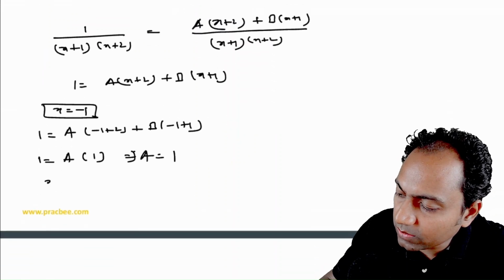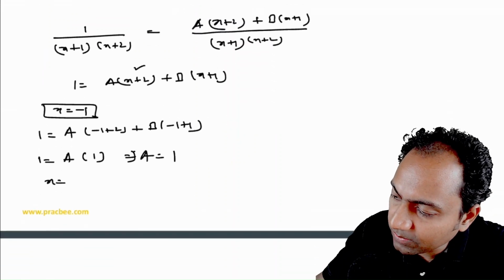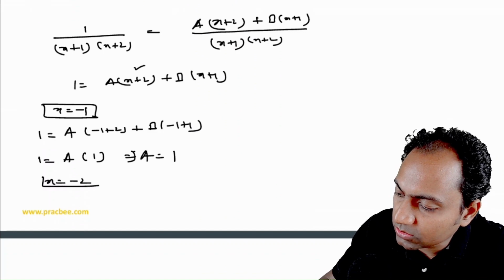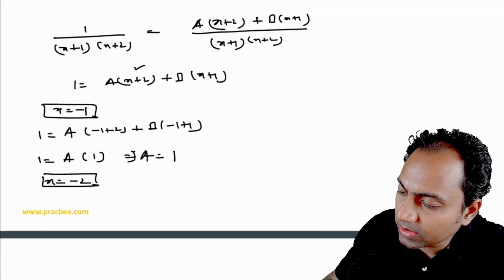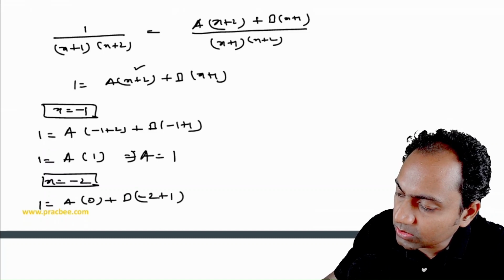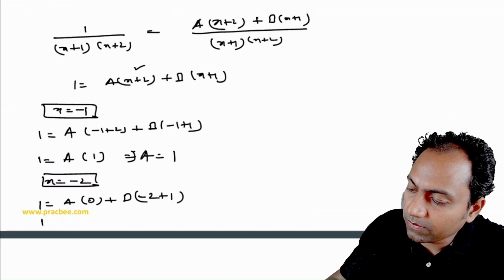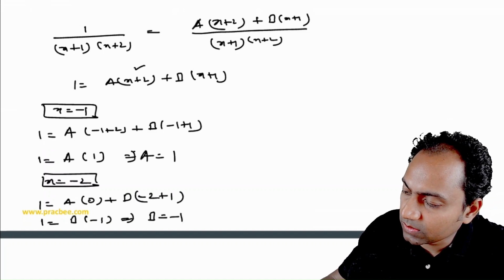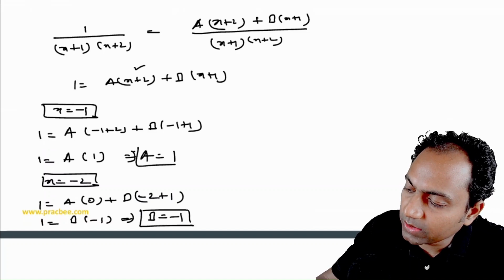Similarly, I can put x as minus 2. Then 1 is equal to a into 0 plus b into minus 2 plus 1, so the value of b comes out to be minus 1. So we have figured out the values of a and b.